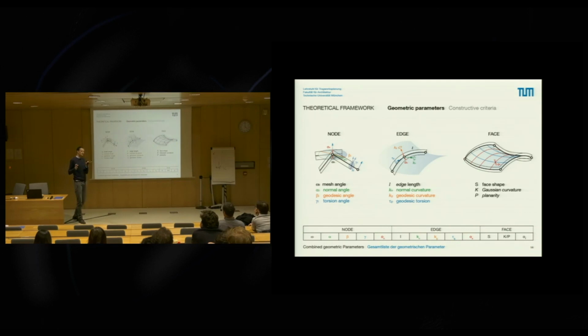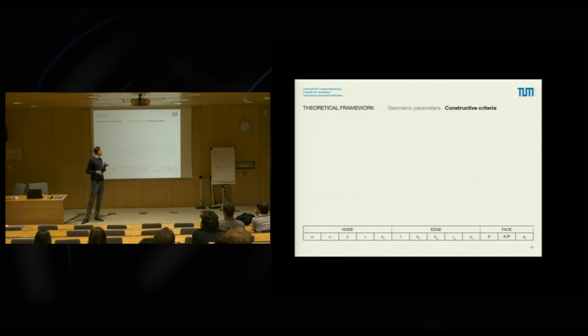But this is only the geometric part. Now, when you look at an actual structure, you might find that there is a variable geometric angle, for example, but the structure is built from the same elements anyway. So very often you can use the same element even though the geometry is not repetitive. And that's why we have to distinguish three constructive criteria.